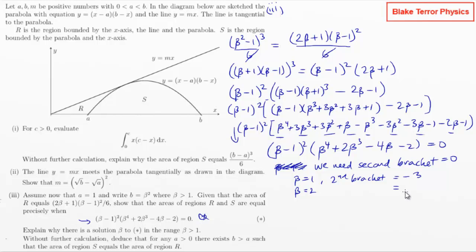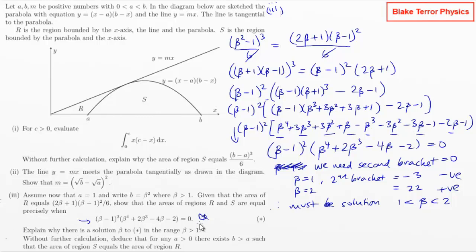So it's already positive. Anyway, so we've got negative, positive. So there must be a solution in the range of betas between 1 and 2.